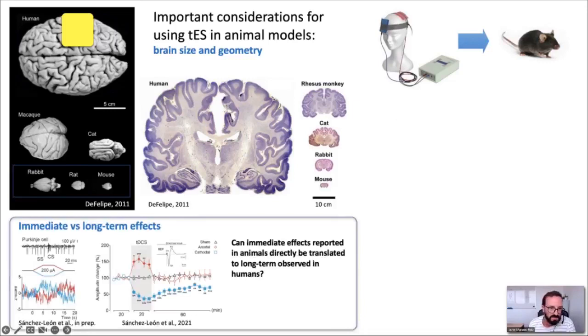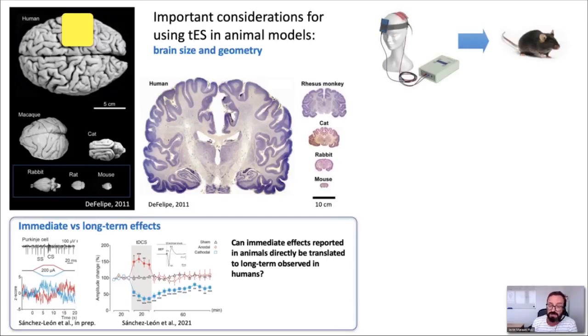The other point is that most of the papers in humans compare before versus after tDCS. But when we explore mechanisms in animals, sometimes we focus on the effect during the current.